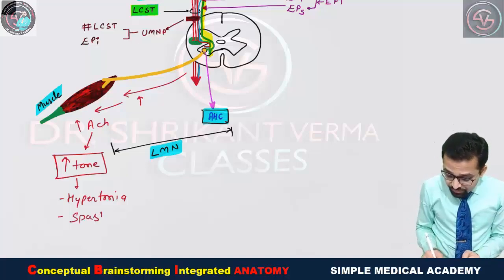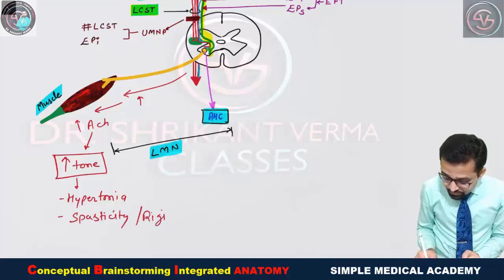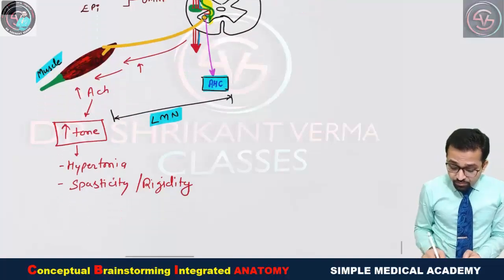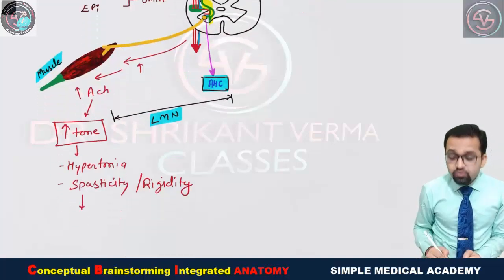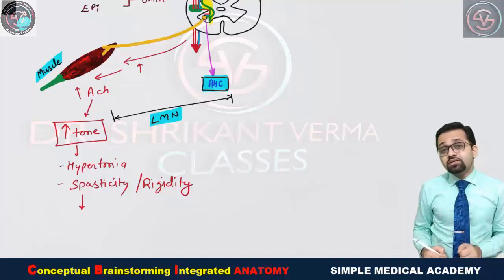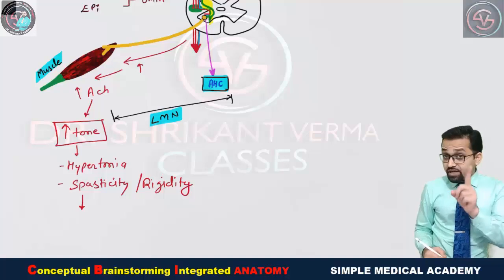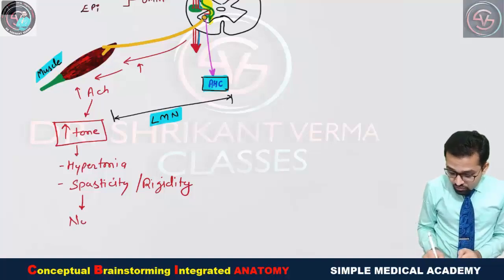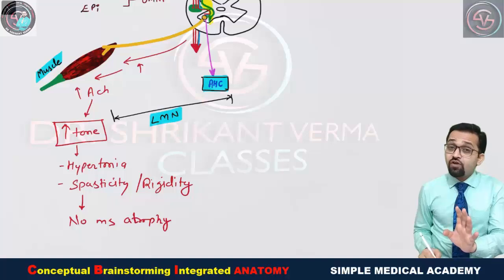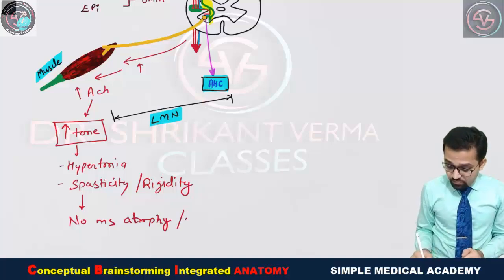That leads to spasticity and rigidity. Because of this hypertonia, spasticity, rigidity, all these muscles are still contracting. That's why muscle atrophy will not occur, or if it occurs, it will be later.